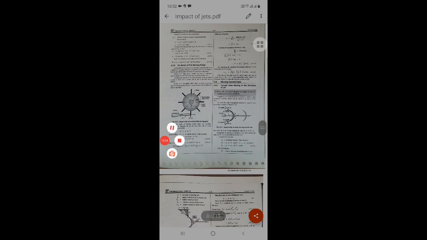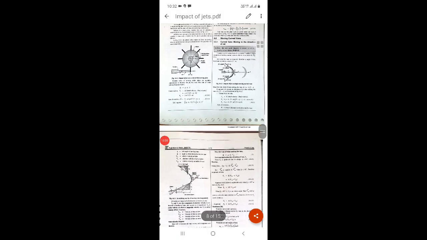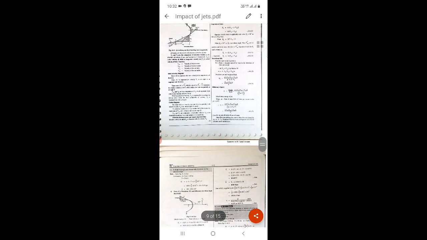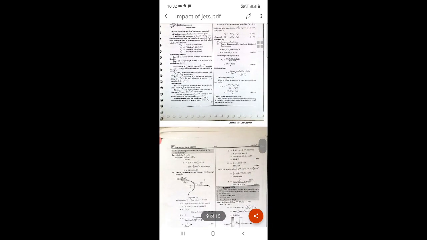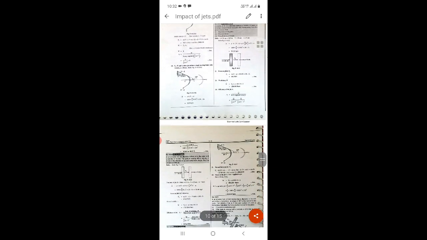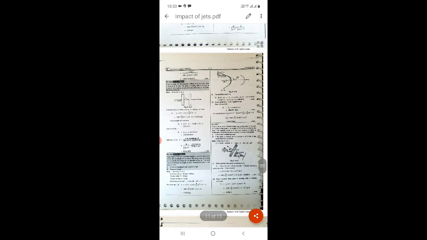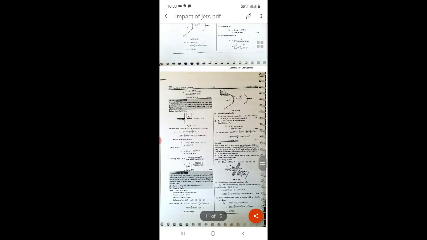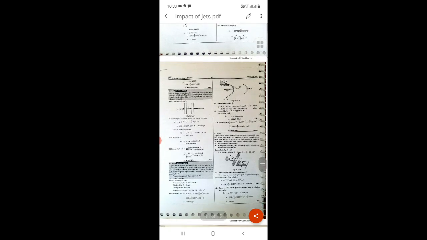Next, let's see an example on this case. A jet of water of 60 mm diameter strikes curved vanes with velocity 80 meter per second.